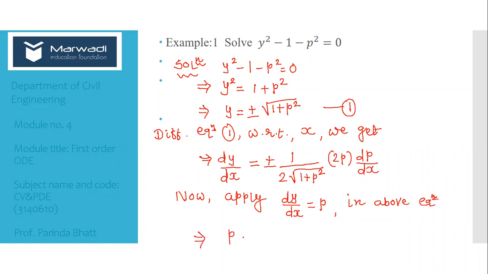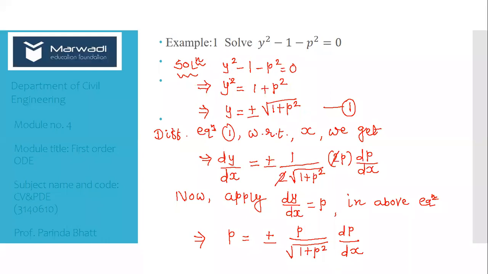Therefore, the left hand side is p equal to, this 2 cancels out. Therefore, plus or minus p upon under root 1 plus p square, dp by dx. Okay. I repeat it again. This is solvable for y.